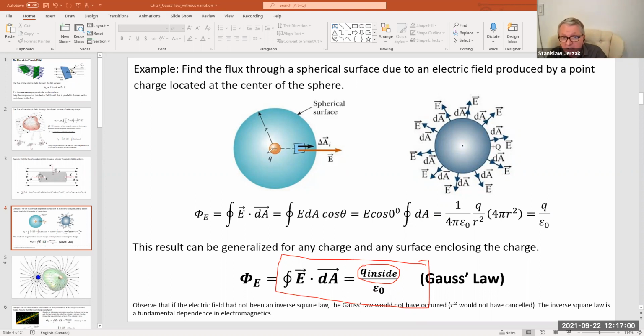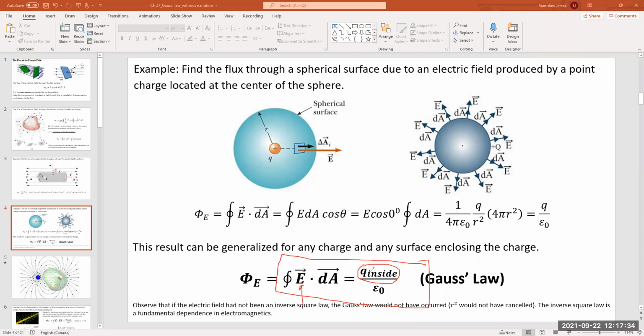Like here, you see that charge Q is at the center of the sphere, and that surface is the surface of the sphere surrounding that charge. So Q inside is the charge inside of the surface, but the electric field in this expression is the electric field at every point on that surface.